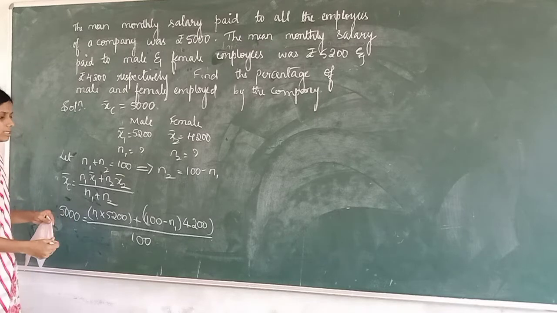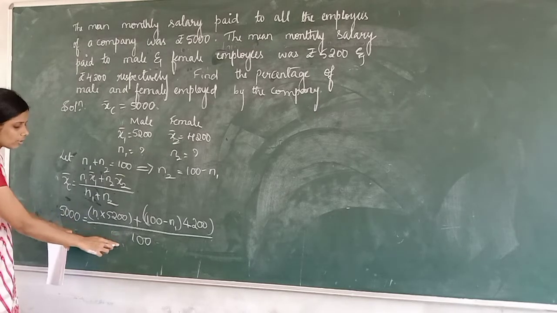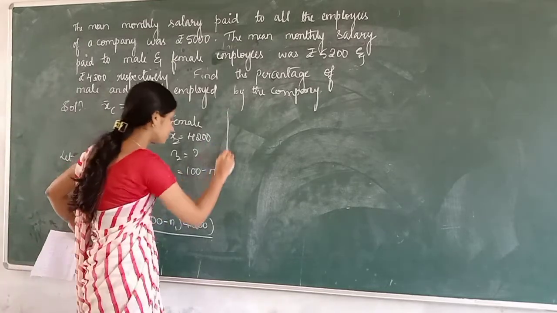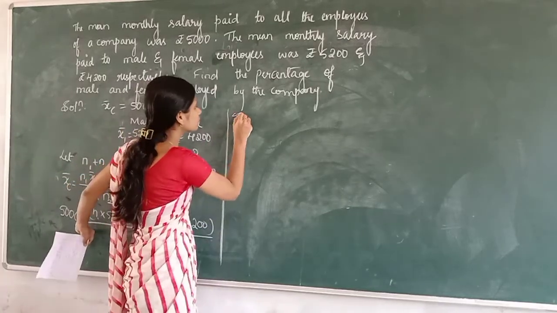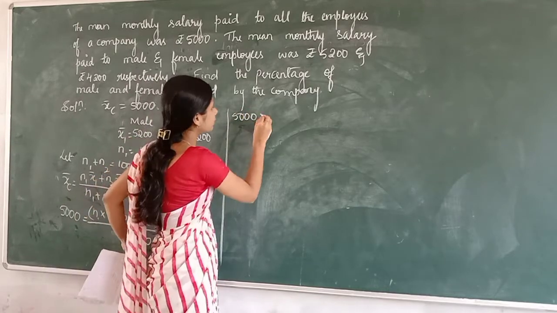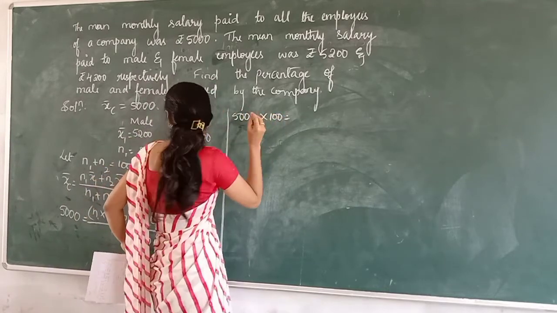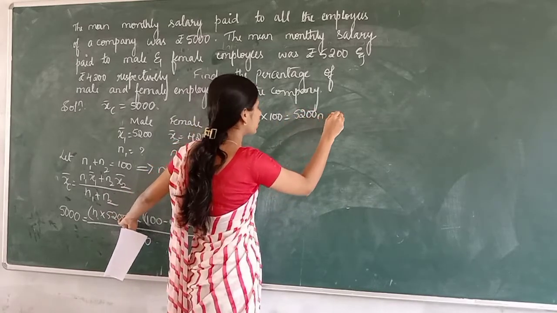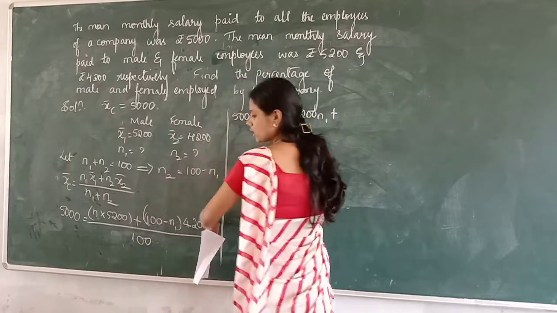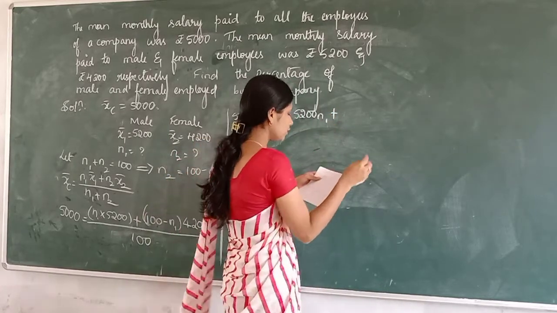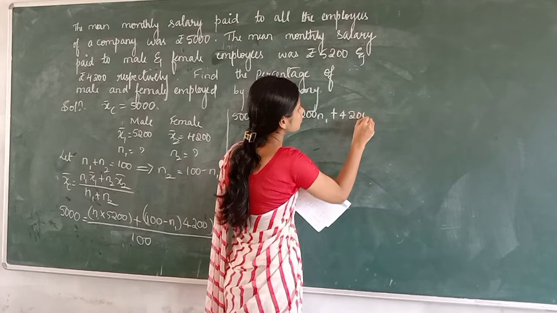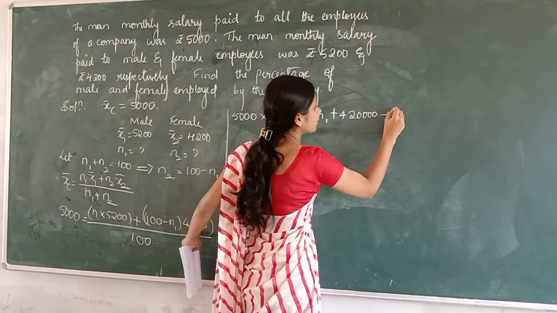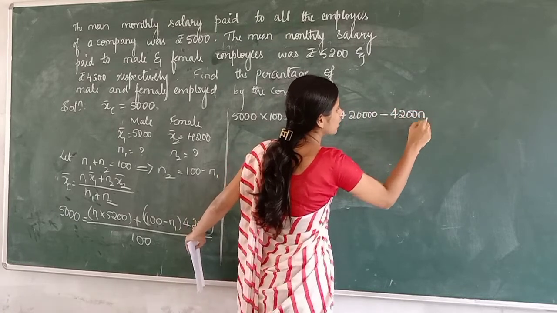Now we are going to simplify this equation. First of all we take the denominator part to the left hand side. So it will be 5,000 into 100 is equal to 5,200 N1 plus 100 into 4,200, which is 4,20,000, minus 4,200 N1.